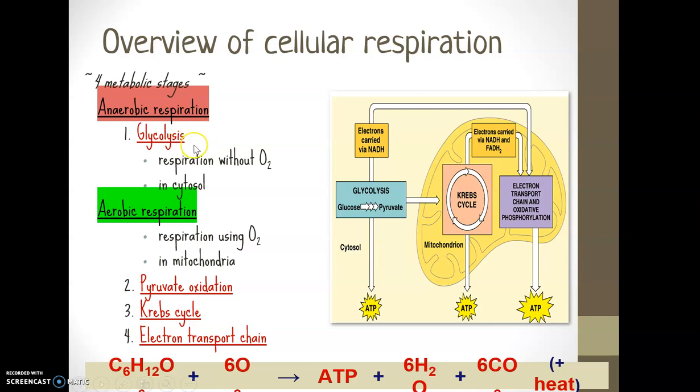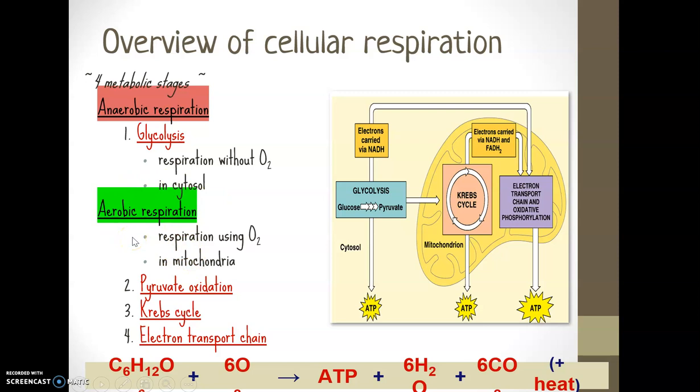First step is glycolysis. Okay, we have glycolysis, which is anaerobic respiration. Anaerobic means without oxygen. Okay, so we don't need oxygen for glycolysis. Glycolysis occurs in the cytosol, okay, cytosol or cytoplasm of the cell. Then step 2, we're getting into aerobic respiration.